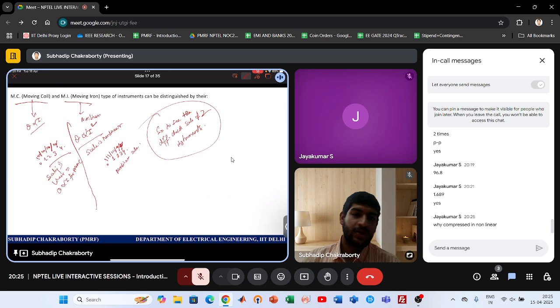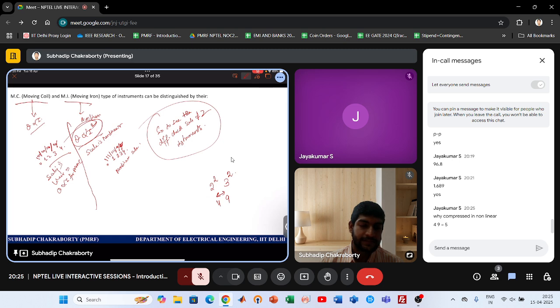Because what is 2 square? 2 square and 3 square, because theta is proportional to I square. So it is proportional to 4 and proportional to 9. What is the gap between 4 and 9? And what is the gap between 0 and 1?